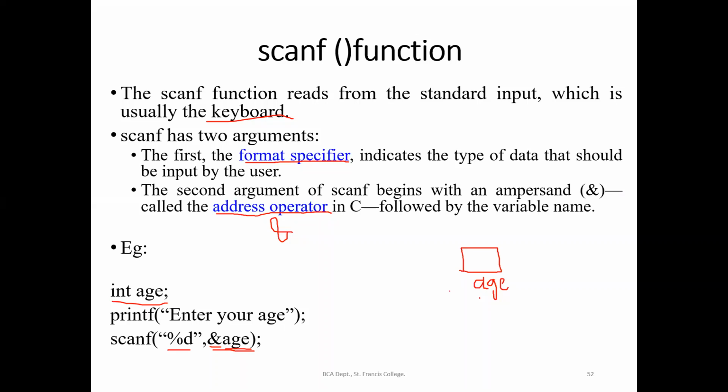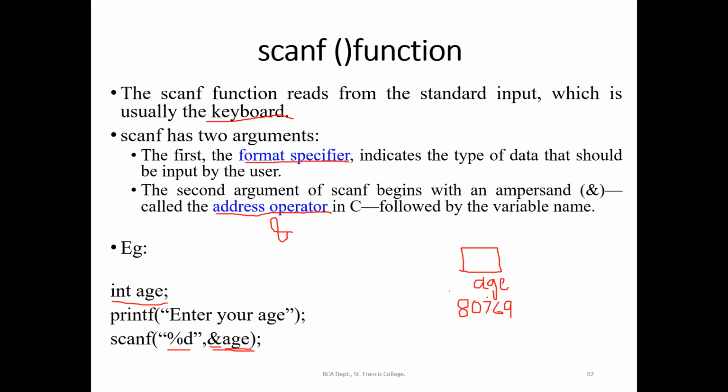Each memory space is recognized by an address. Your house will have a house name as well as an address, the street name and all. Likewise, each memory space also will have an address, which is a numeric address. So it will have some number, which will be taken as the address of the memory location.